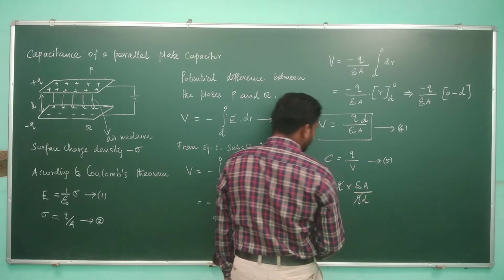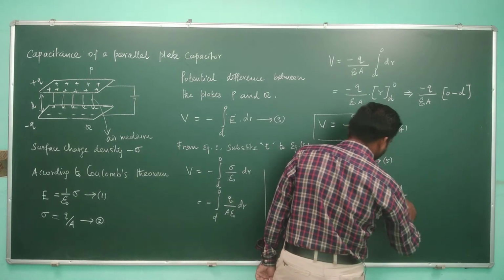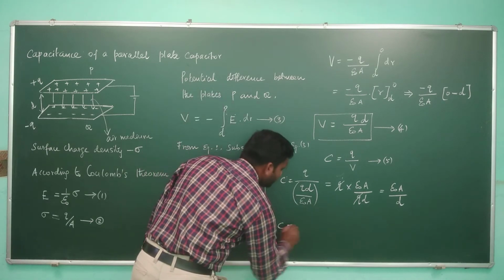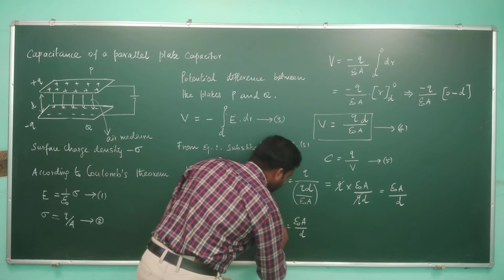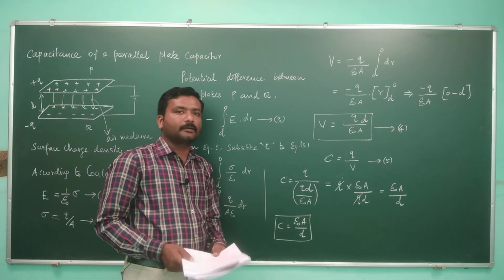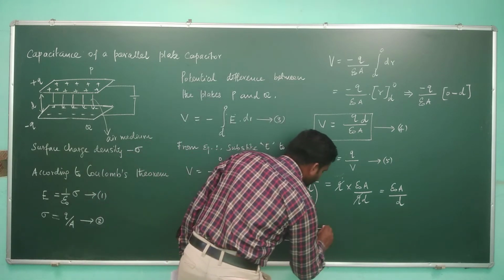Q will cancel out. What's remaining is epsilon naught A by D. So C equals epsilon naught A by D. This is the capacitance of a parallel plate capacitor. This is equation number 6.